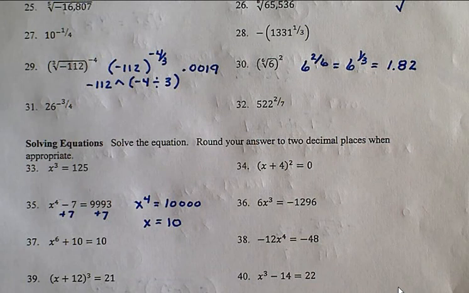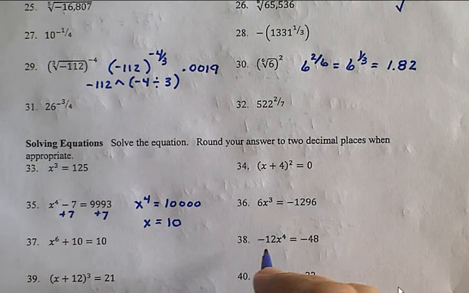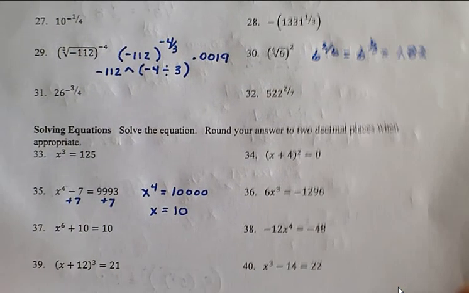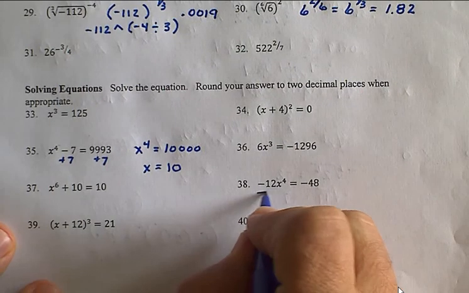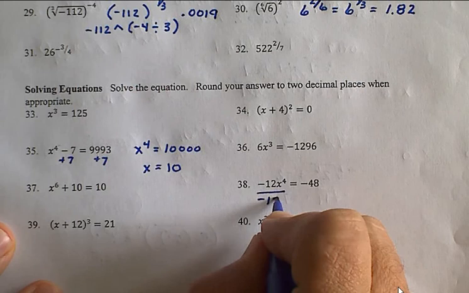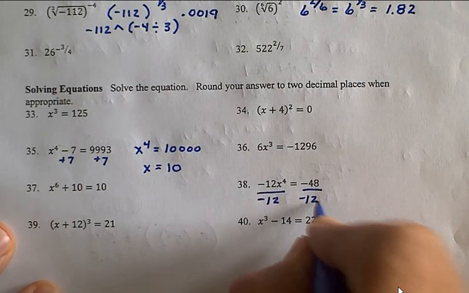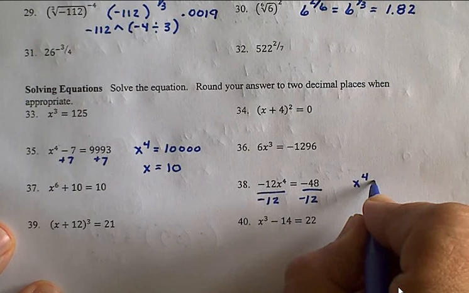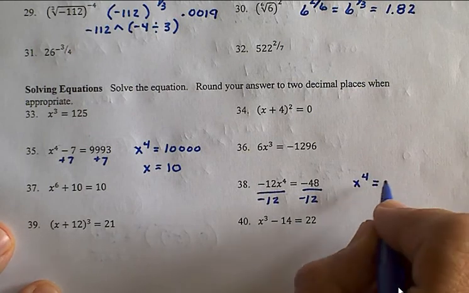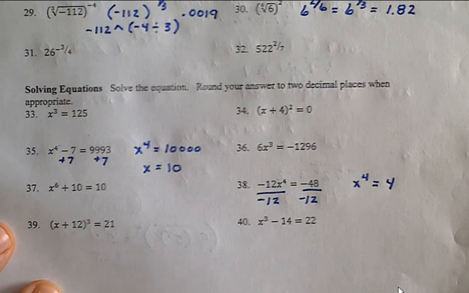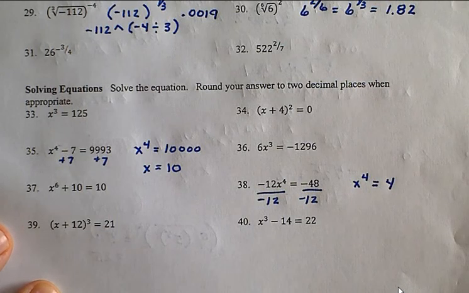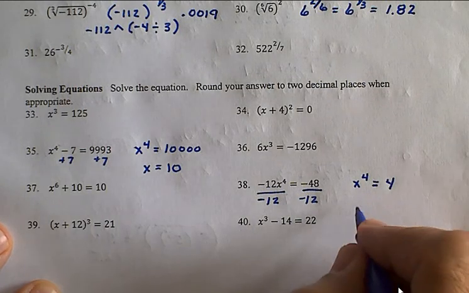On number 38, the first thing you're going to do is divide. So if I divide both sides of this equation by negative 12, then this becomes x to the 4th equals 4. You can't take the 4th root of 4 by itself, so my only option here is to take the 4th root of both sides.